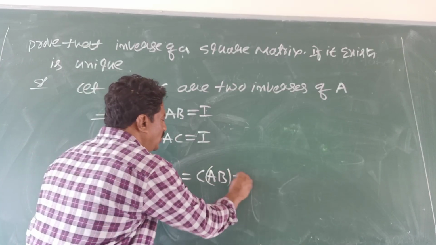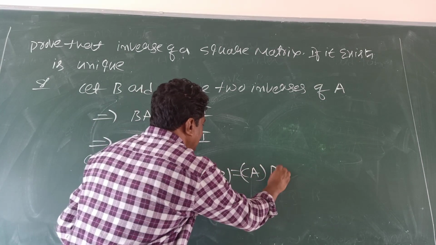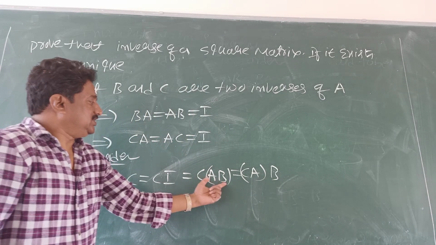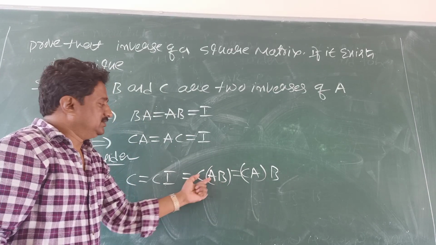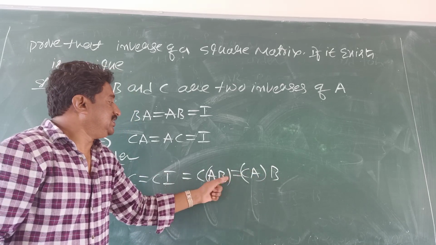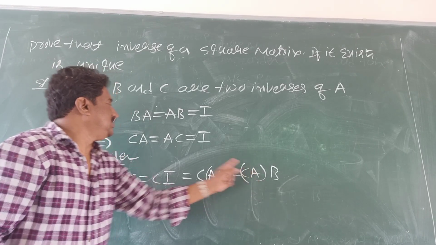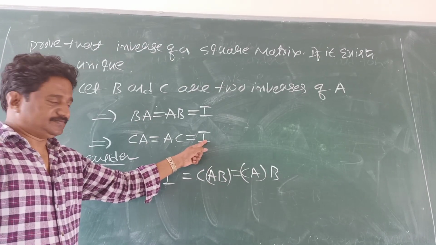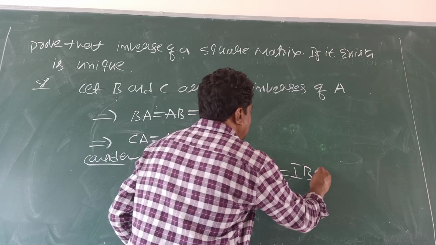Change the bracket: (CA)B. For CA I have I, so I times B. What is IB? It is B.